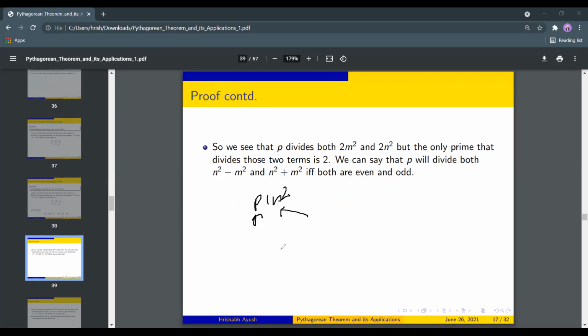So p will actually divide n. But my point was that p divides 2m square and 2n square, and they are not relatively prime, they have the GCD 2. So that is why it would divide the term 2.